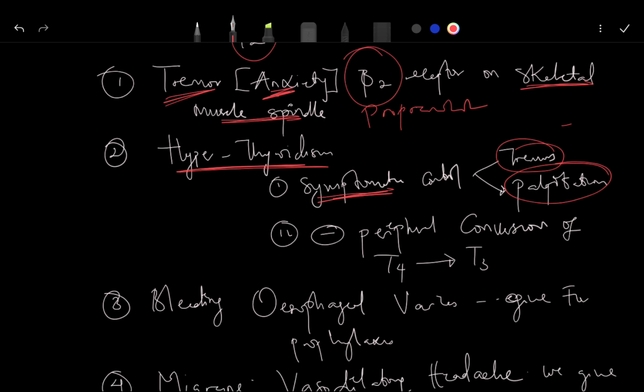Then also the beta blocker prevents the peripheral conversion of T4 to T3. T3 is the active form of the thyroid hormone. So propranolol can block the peripheral conversion of T4 to T3. So this is very, very important. Okay, so that's another way in which it acts as an anti-thyroid medication.